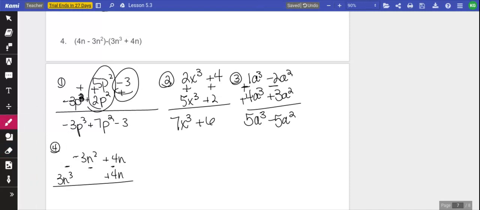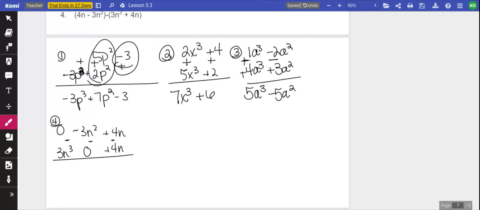Okay, so sometimes it works too if you fill in zeros in the ones that are missing. So on this one, I have 0 minus 3n cubed, so that's going to give me negative 3n cubed. This one I have 3n squared minus 0, negative 3n squared minus 0, which is negative 3n squared. And then I have 4n minus 4n, which crosses out.